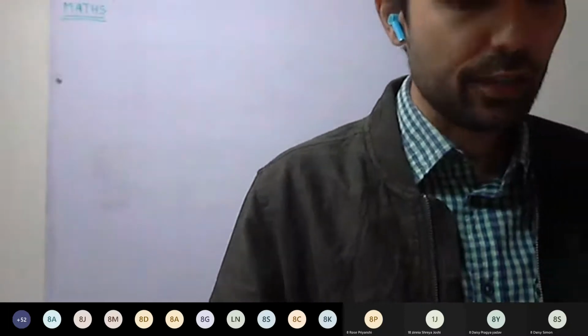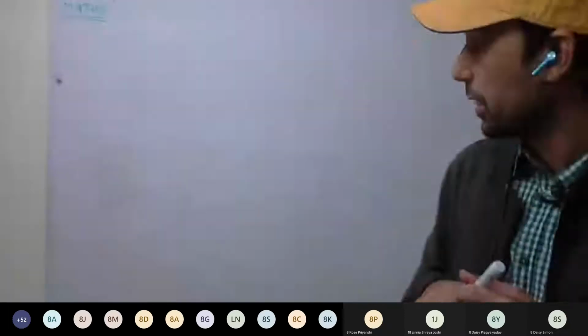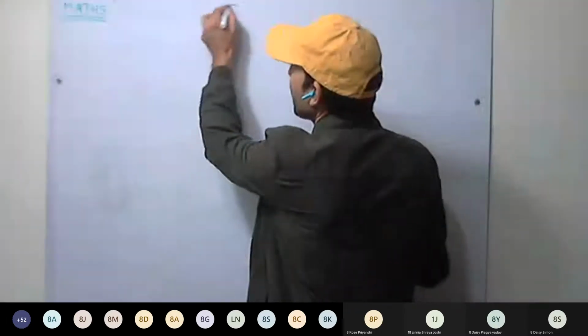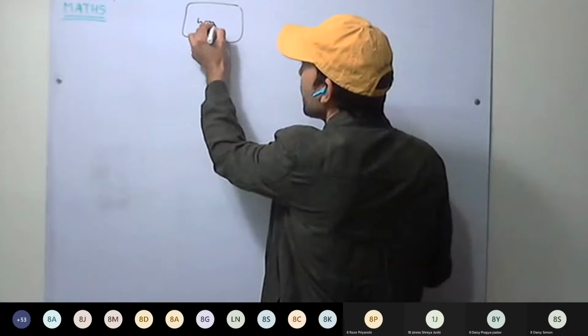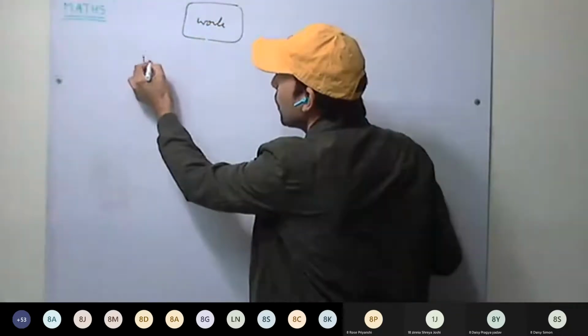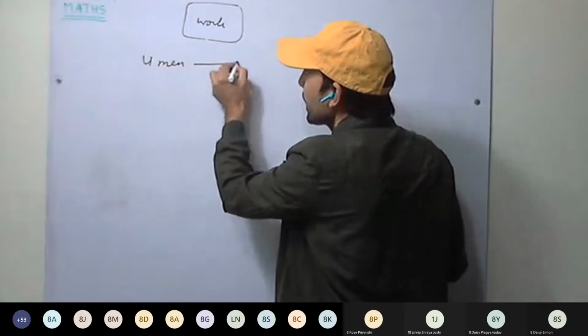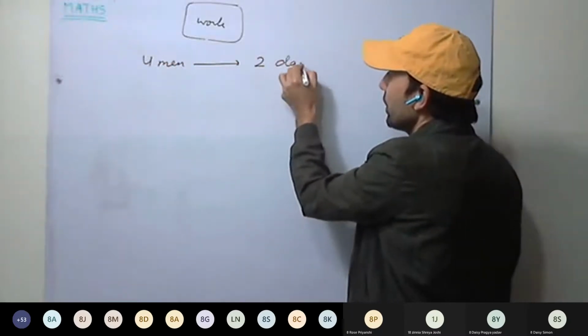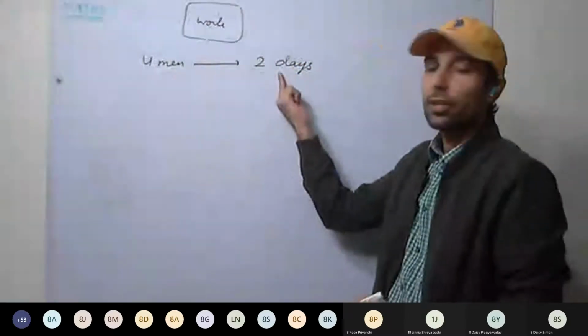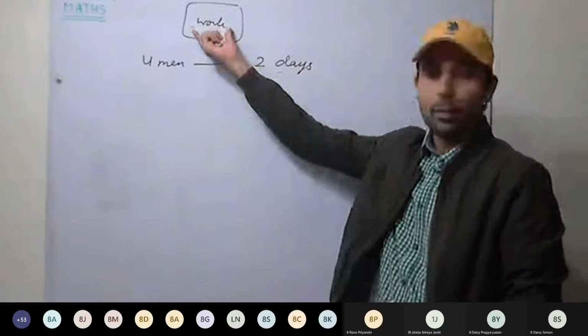Now we have the inverse variation. Take it like this: for example, we have some work that has to be completed. Now, 4 men can complete it in 2 days. This is the amount of work.